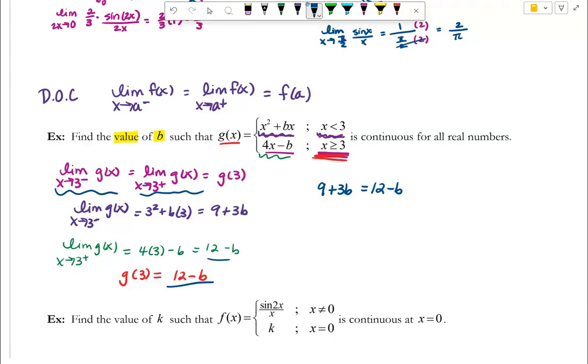I said a system of equations, I'm sorry, that's just one equation. We're going to see this come up later where we actually get a system. All right, so solving this equation, I could subtract 9 from both sides, add b to both sides, and divide both sides by 4. We get that b is equal to 3/4.